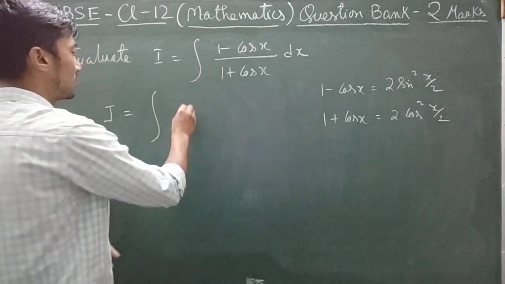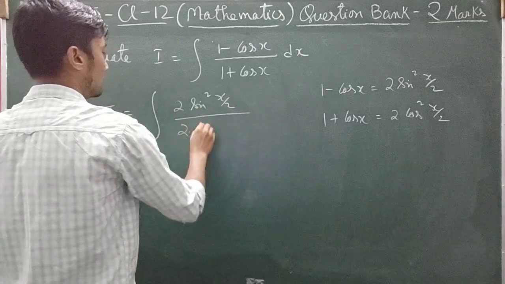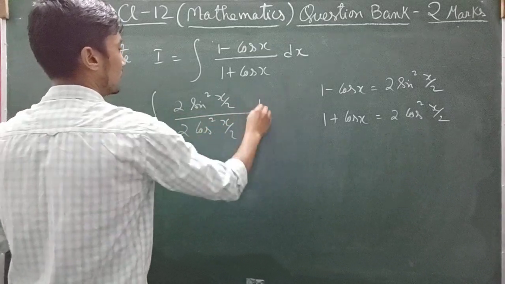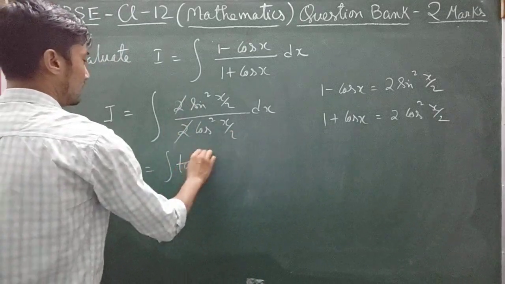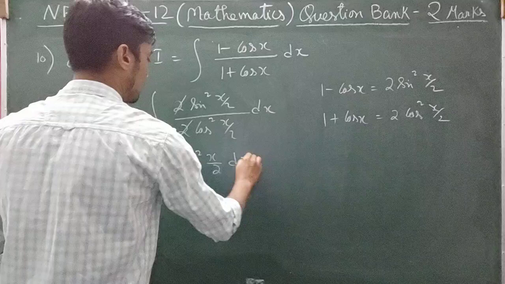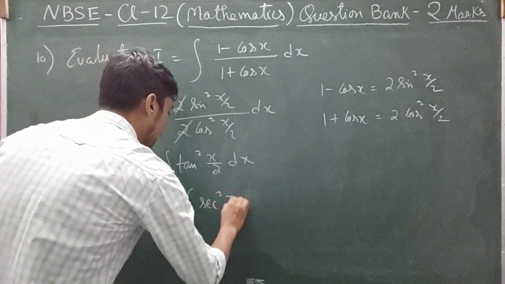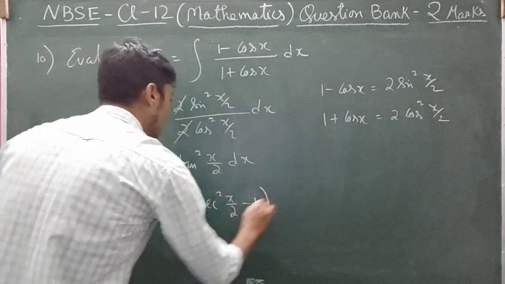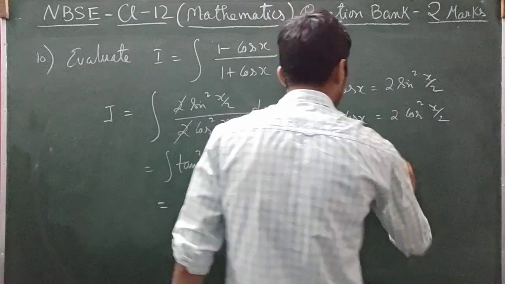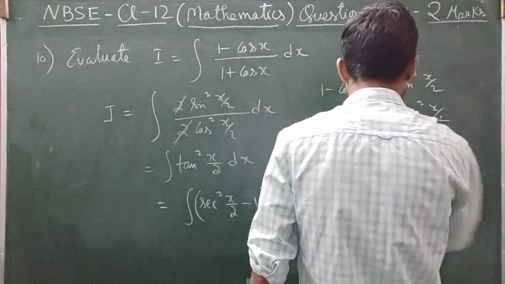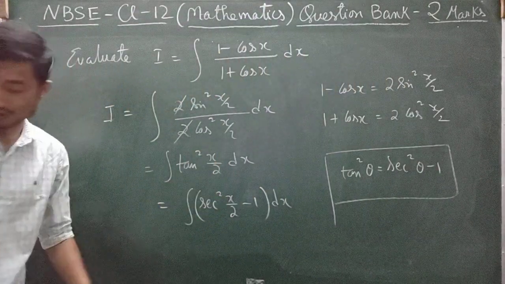So straight away just applying the formula, twice of sine square x by 2 upon twice of cos square x by 2, with respect to x, 2 cancels, so that is tan square x by 2 with respect to x. Now tan square we cannot integrate, so that can be written as sec square x upon 2 minus 1 with respect to x, because we know that tan square theta is nothing but sec square theta minus 1. Just applying that. Theta, of course, here is x by 2. That's all.